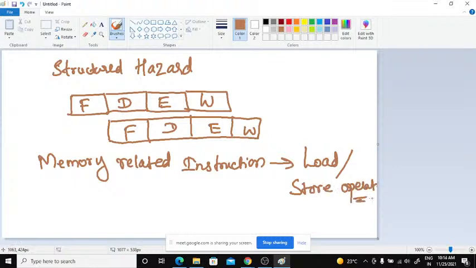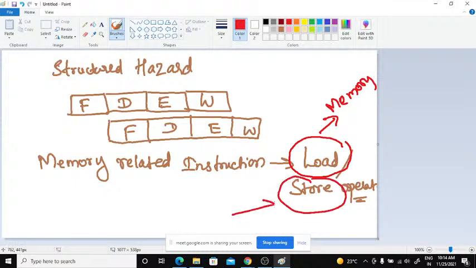The load instruction deals with memory. The store operation is also related to the memory unit. Both load and store deal with memory.